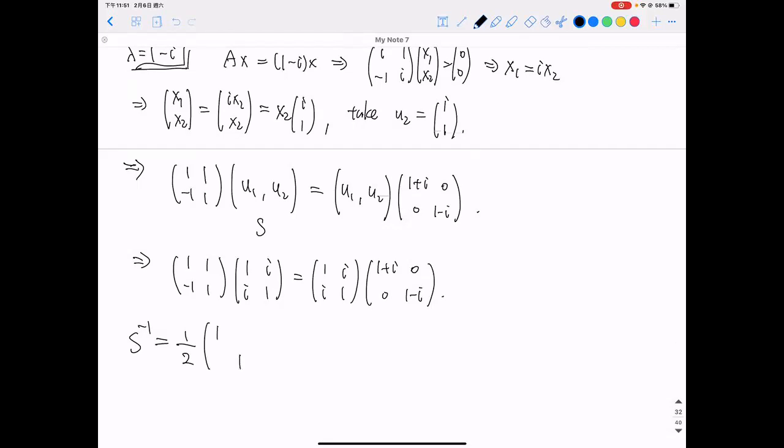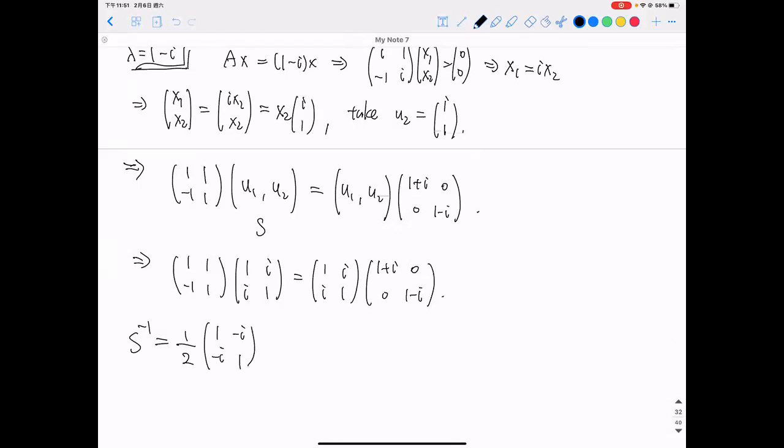And you interchange the terms like that. And we can check that this is indeed the case. Yeah, that's correct. So with this, we've completed the diagonalization process.